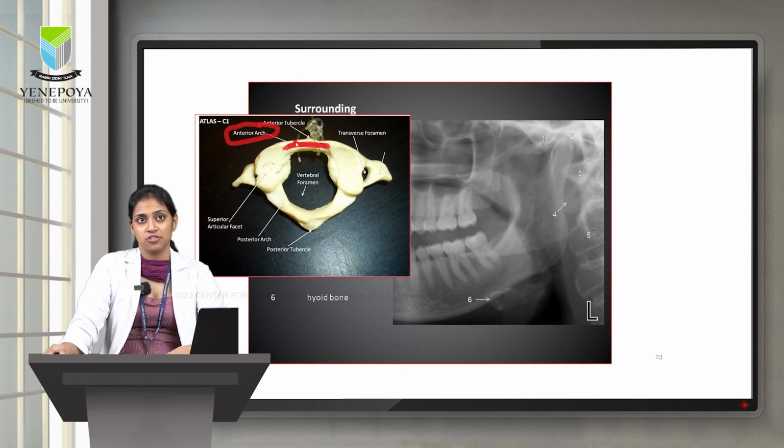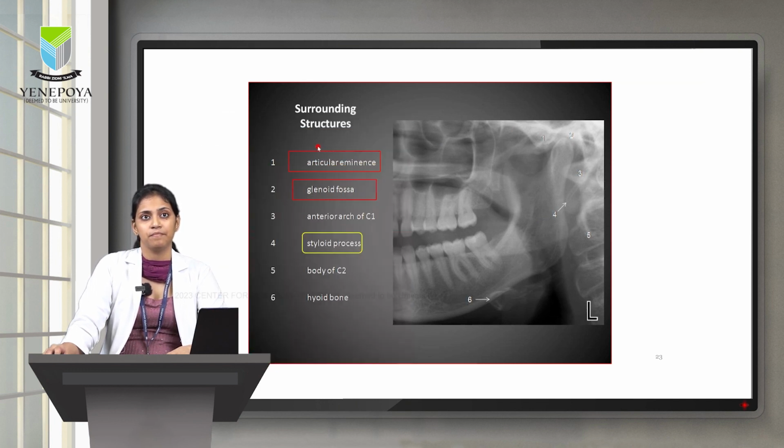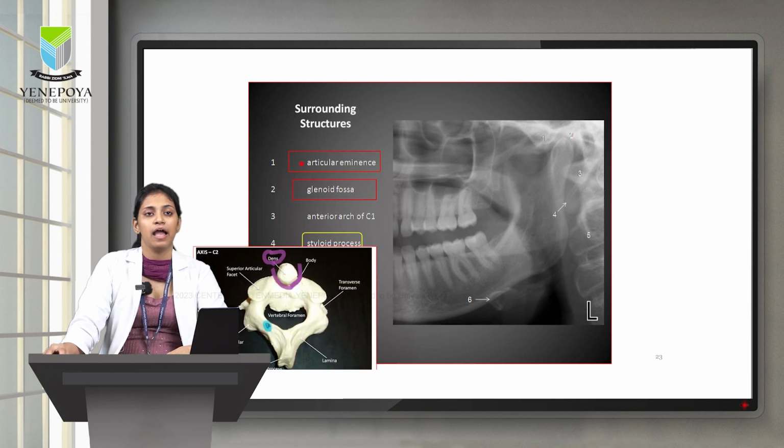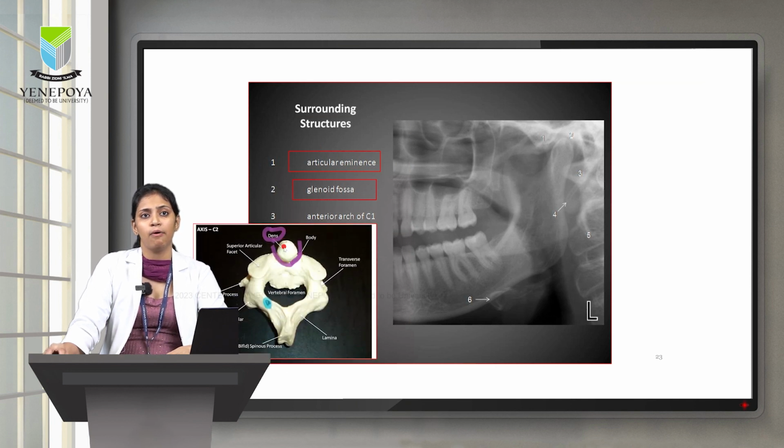This is the anterior arch of C1 and the body of C2, the dens of C2. It is represented as a triangular shaped radiopacity projecting from the vertebrae onto the condylar area, the posterior border of the ramus of the mandible.